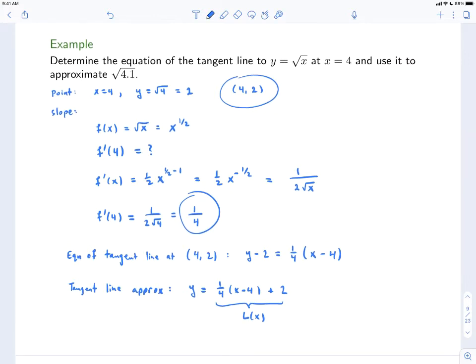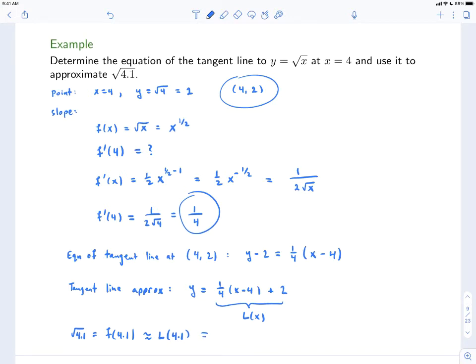So the approximation for the square root of 4.1, this is equal to f of 4.1, which is approximately equal to L of 4.1, because 4.1 is close to 4.